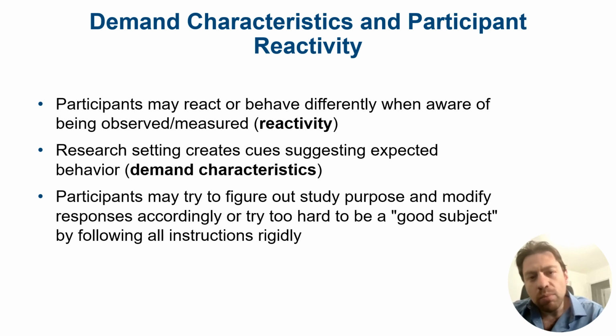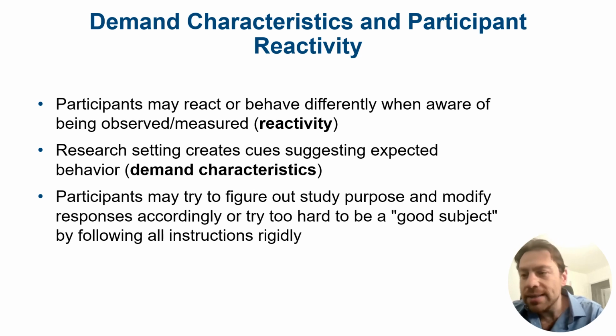Now, more specifically, a research setting is a particular environment that contains all kinds of cues. And these cues may create, in the mind of the participant, all kinds of expectations regarding what behaviors are expected and desired in this particular setting.